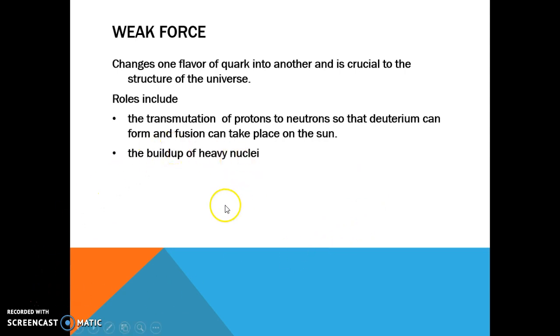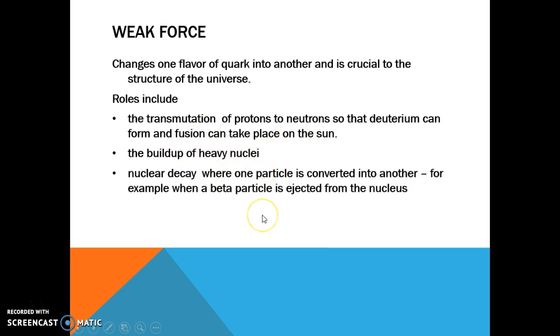It also allows you to have buildup of heavy nuclei, because that electromagnetic repulsive force of the protons is trying to push the nucleus apart. The weak force, again, helps the nuclei stay together, the weak and the strong force. And during nuclear decay, like I said, it allows one particle to be converted to another.